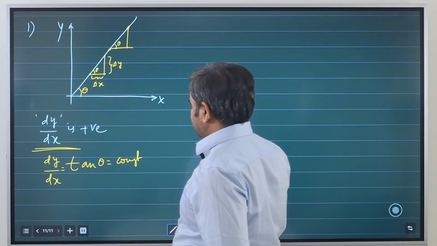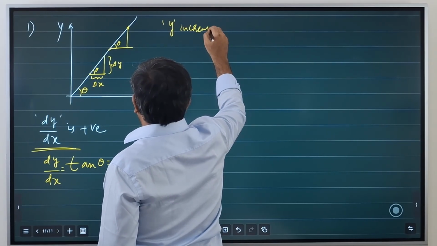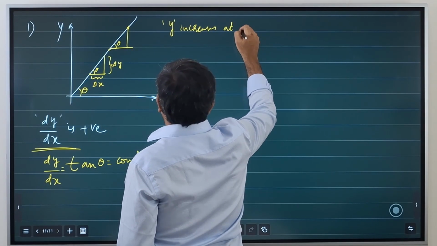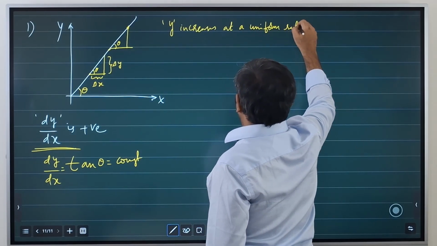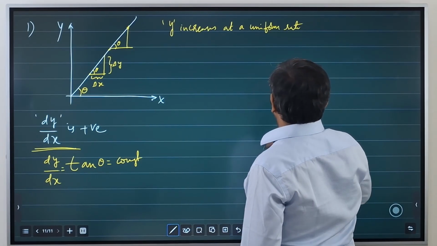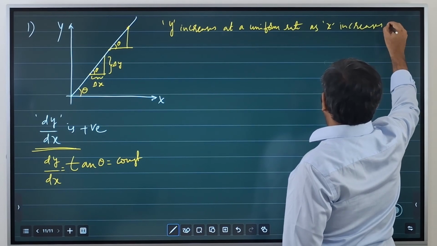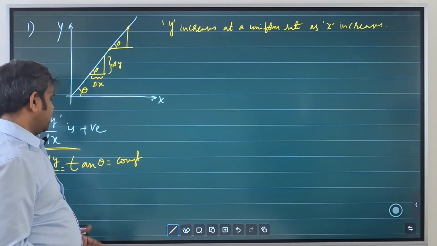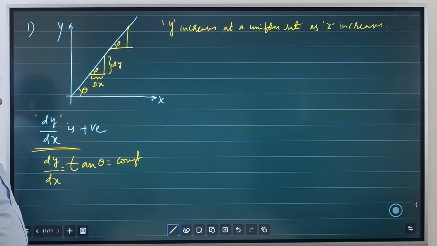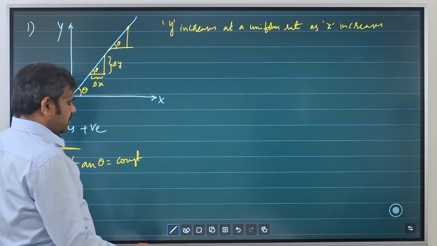In this straight line graph, the conclusion is y increases at a uniform rate or constant rate as x increases. So dy by dx is a constant here. So if dy by dx is a constant, the graph is a straight line. That we can understand from here. Next, I'll draw one more graph.